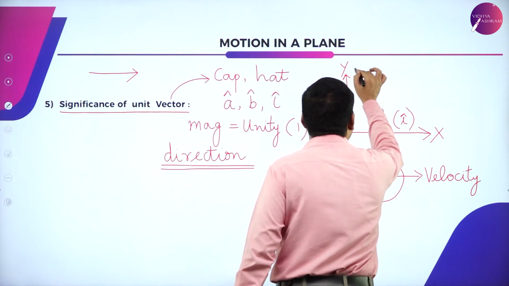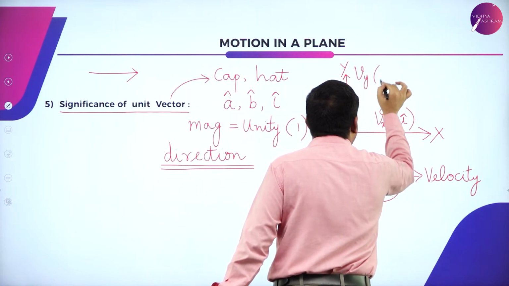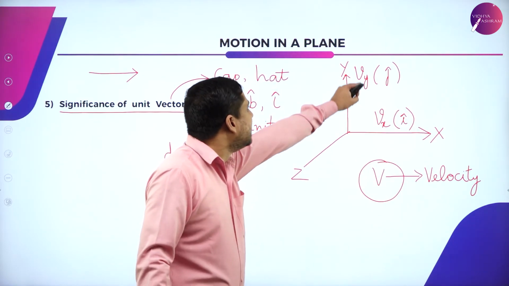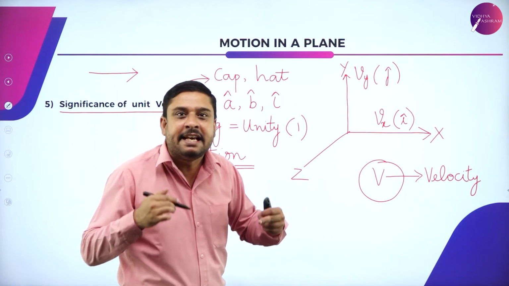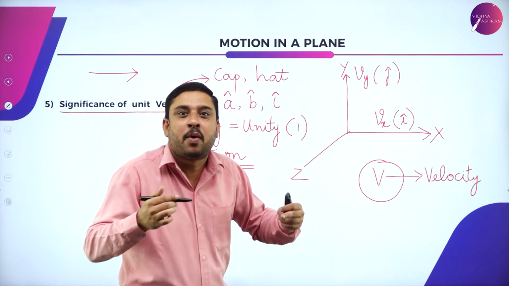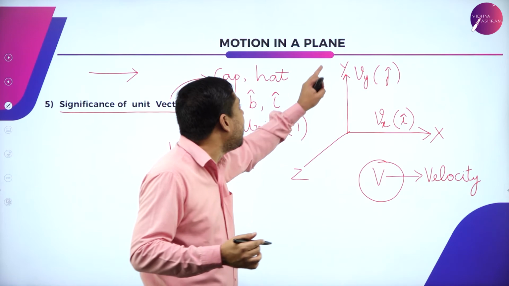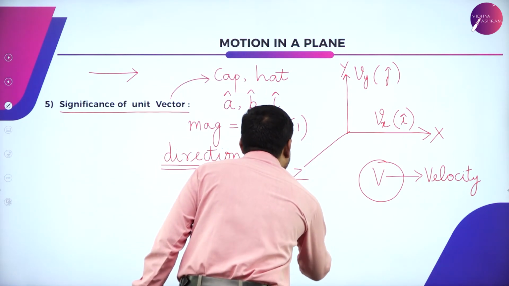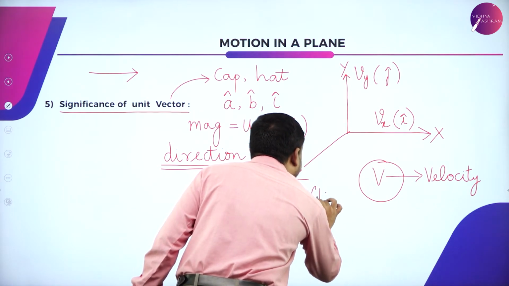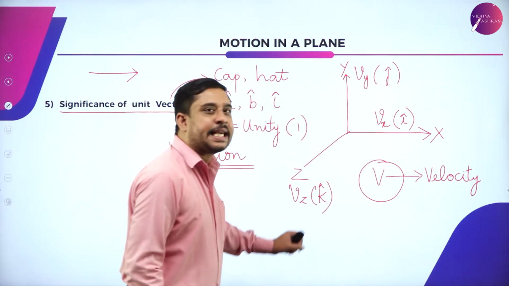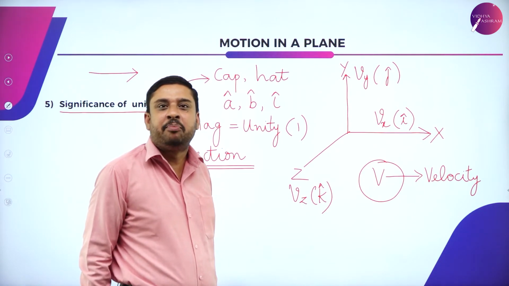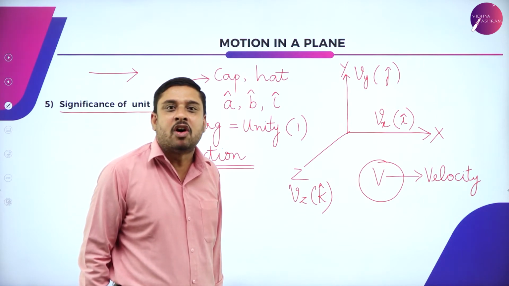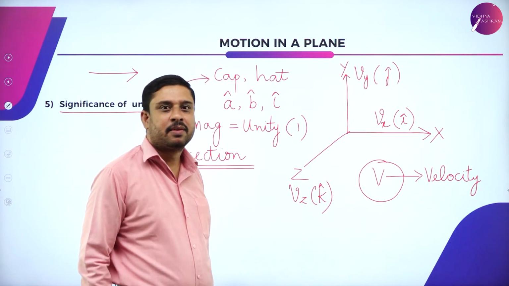Along the y-axis, Vy of j cap. It means j cap gives me the component of velocity along the y-axis direction. Vz of k cap. K cap is giving me the component of velocity along the z-axis.